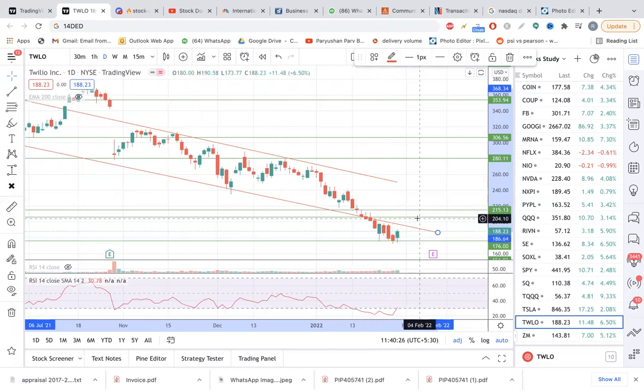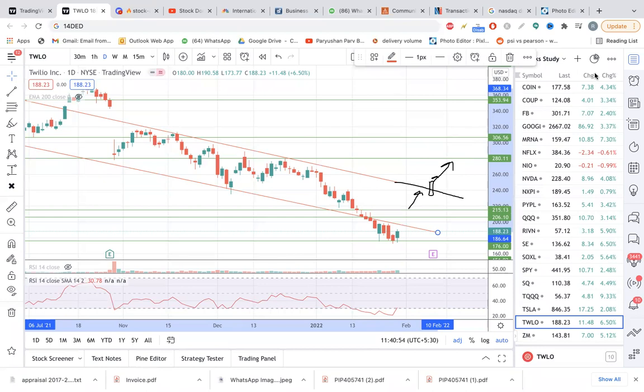There is a high probability that it can go back to 206 on an immediate basis, and then 250. Once it comfortably starts trading and sustaining above 250, then it can go back to 260 and 280.